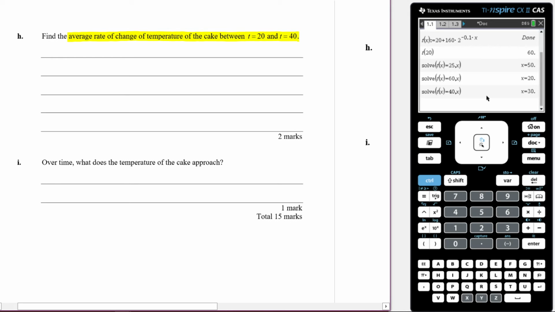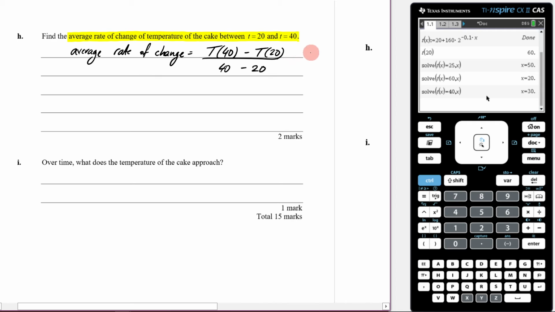So to figure out the average rate of change, what you want to do is you want to go T of 40 minus T of 20 over 40 minus 20.